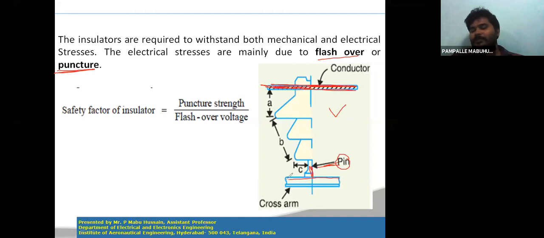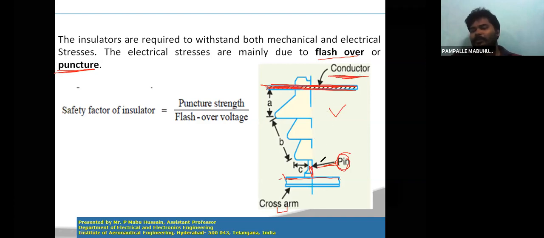The cross arm is connected to the pole here. For this cross arm you can fix the insulator with this pin, and at the top of the insulator you will have the conductor.